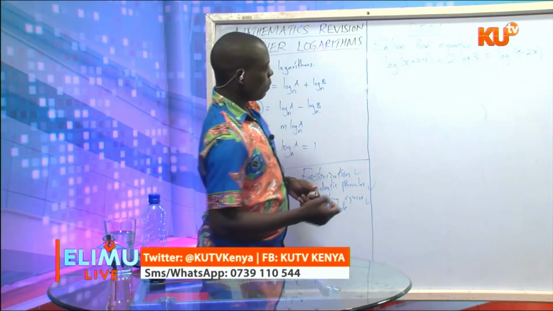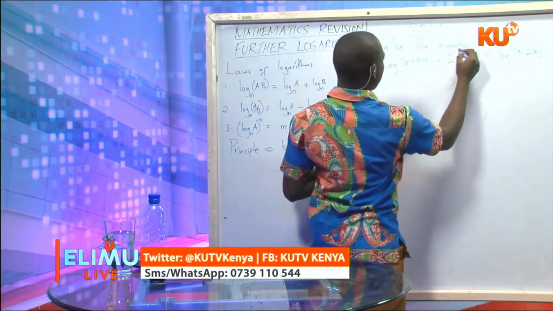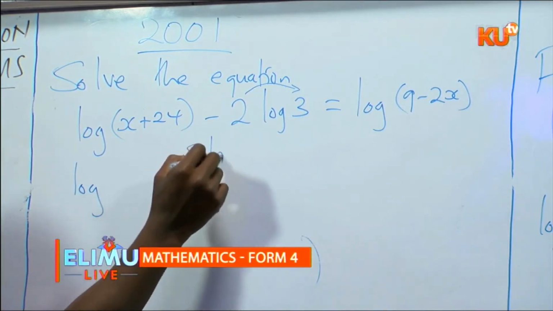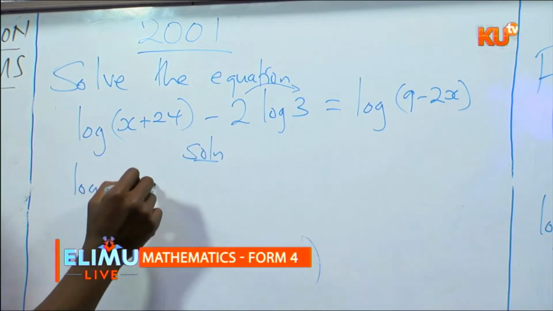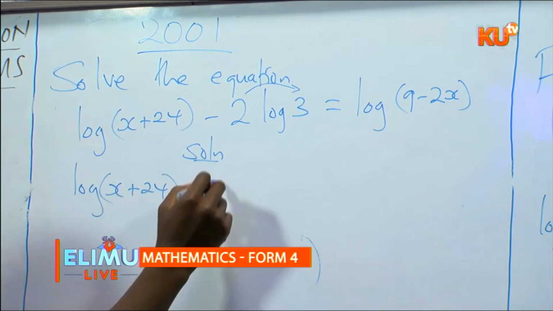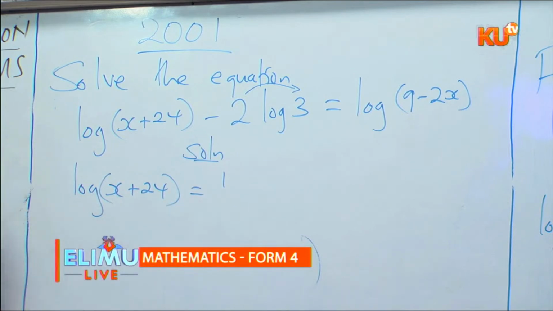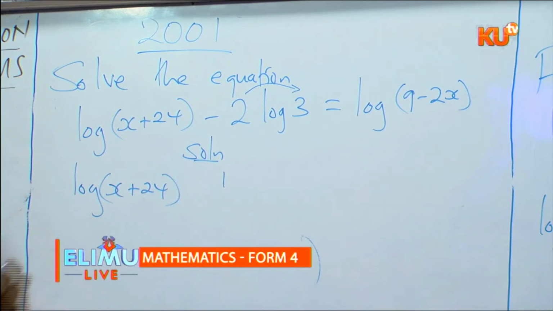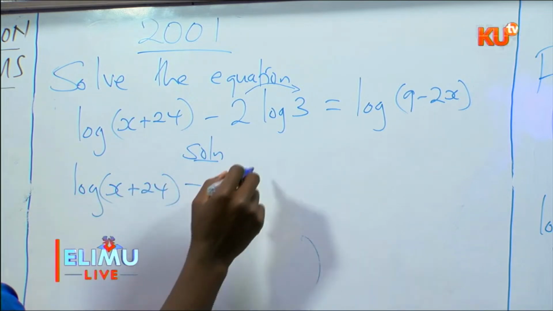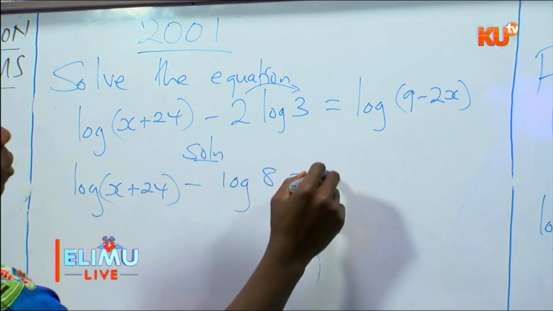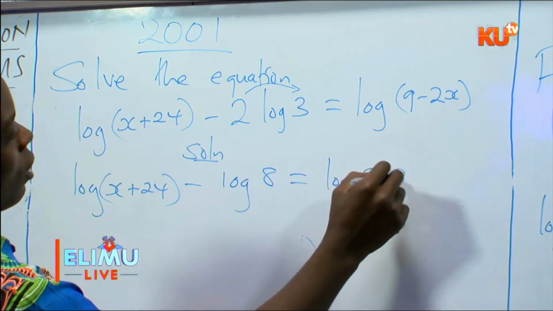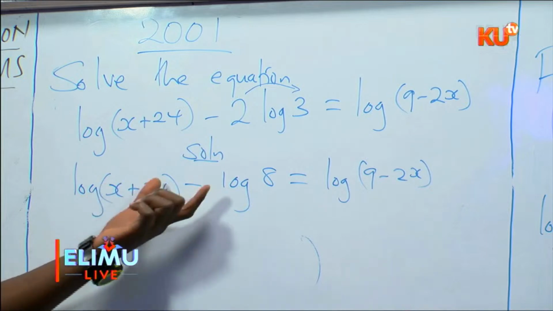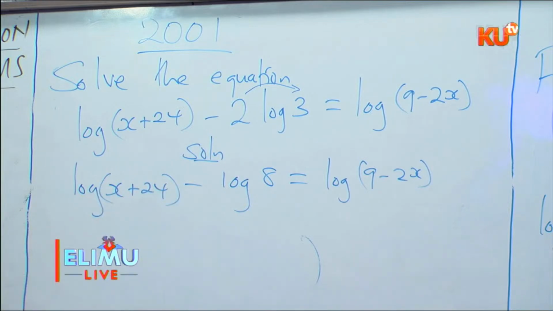What you need to do is take 2 to be the power of 3, so we'll have log of x plus 24 minus log of 2 power 3, that's now 8, equal to log of 9 minus 2x. We have subtraction, which gives us the second law.